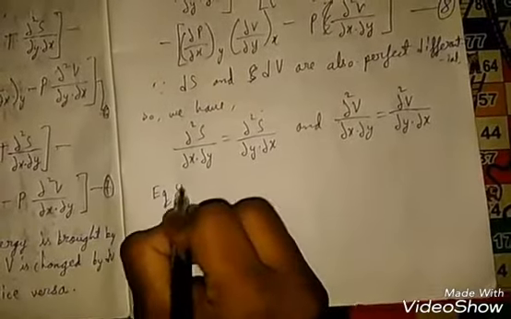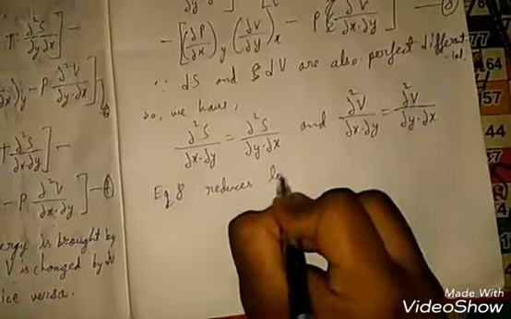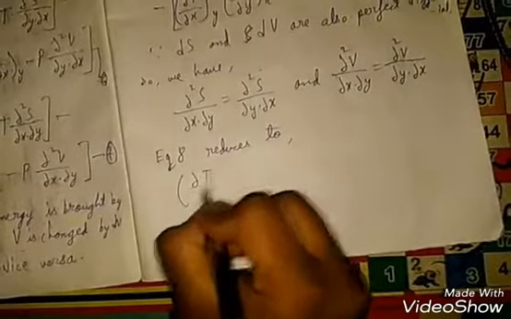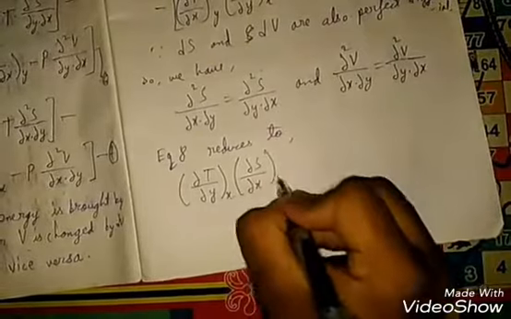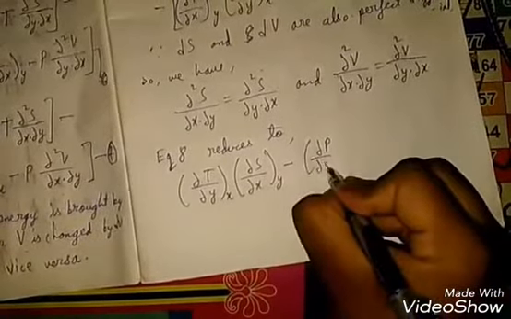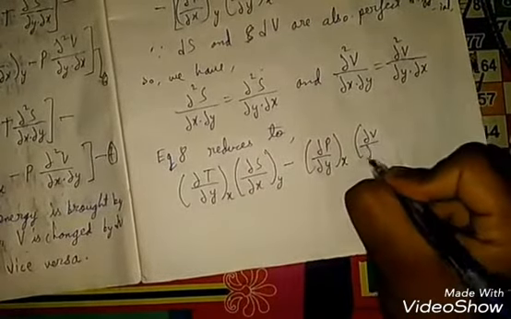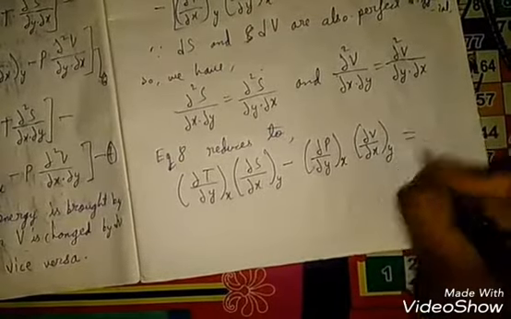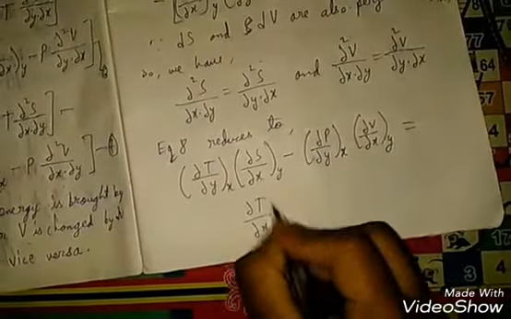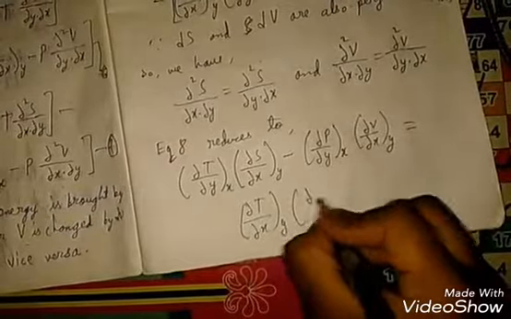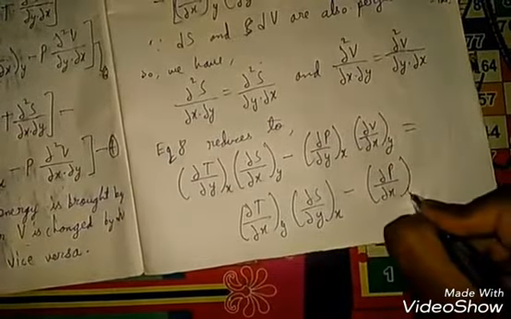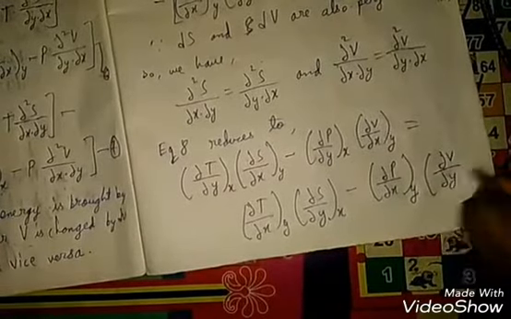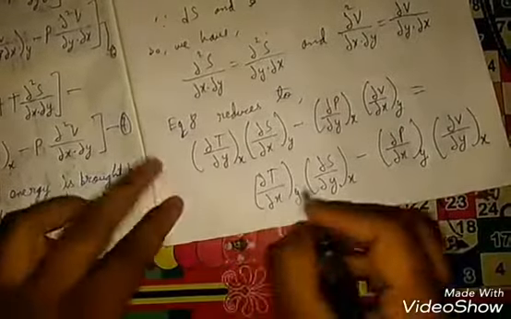So after all the cancellations, equation 8 reduces to del t by del y keeping x constant, del s by del x keeping y constant, minus del p by del y keeping x constant, del v by del x keeping y constant, is equal to del t by del x keeping y constant, del s by del y keeping x constant, minus del p by del x keeping y constant, del v by del y keeping x constant.